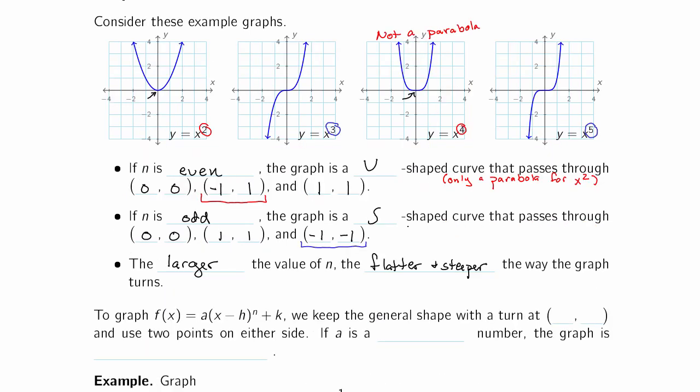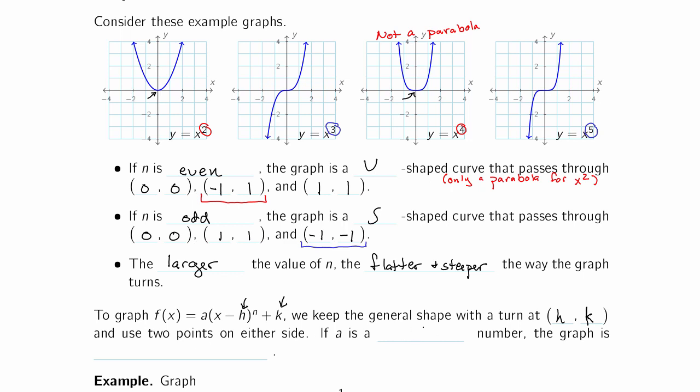If we're composing with something linear, then we keep the general shape. But if we're subtracting h and adding k, then the turn happens at h, k, where we're taking the nth power of 0, and then we're adding k to the 0 we get as a result.